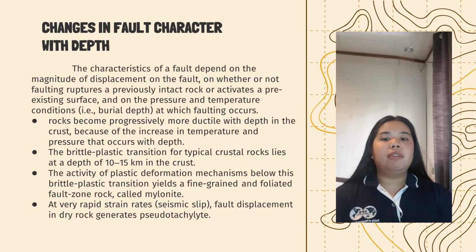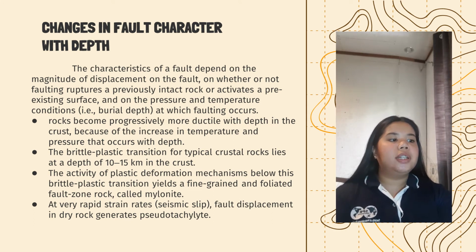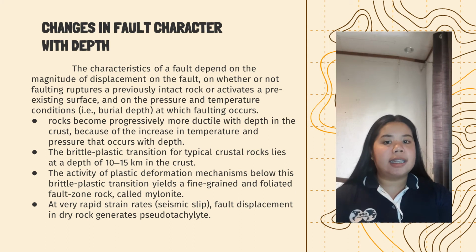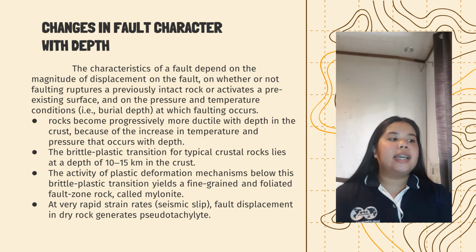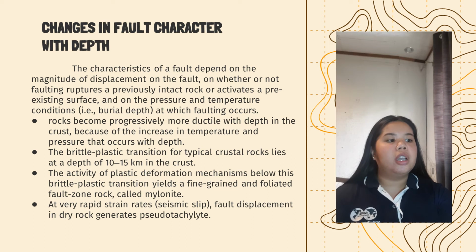Consequently, at depths between 5 kilometers and 10 to 15 kilometers, faulting tends to yield a fault zone composed of cataclasite, whereas cataclasite forms by brittle deformation on a grain scale, and movement in the fault zone resembles viscous flow, and strain is distributed across the zone.